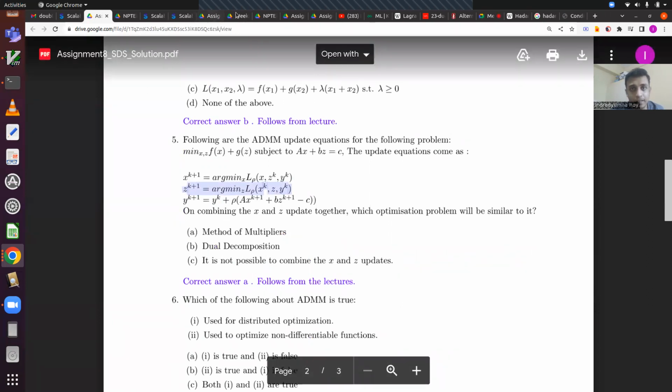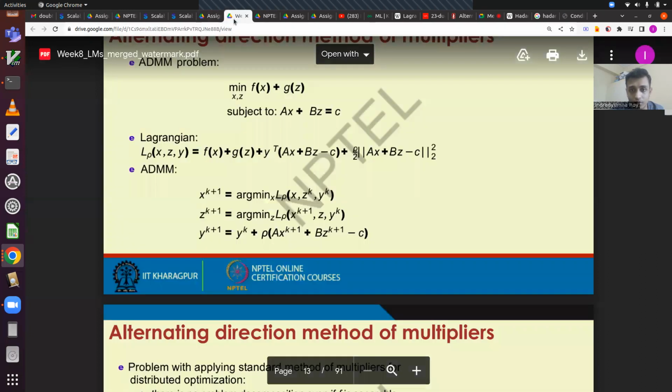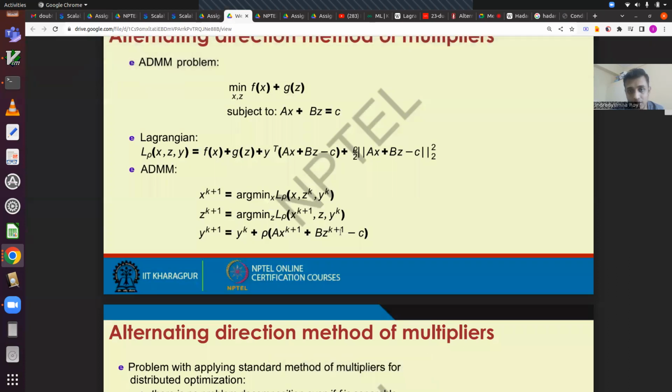And then the last is basically: you have now decided the values of xk plus 1 and zk plus 1, and then you are updating yk.